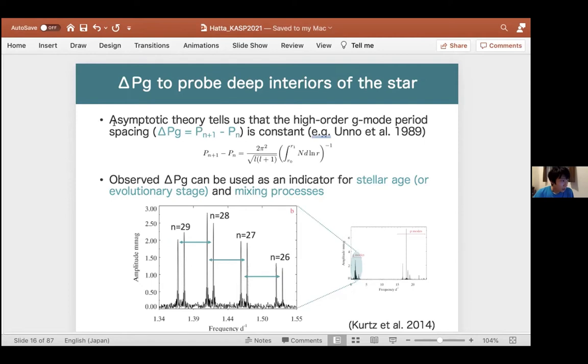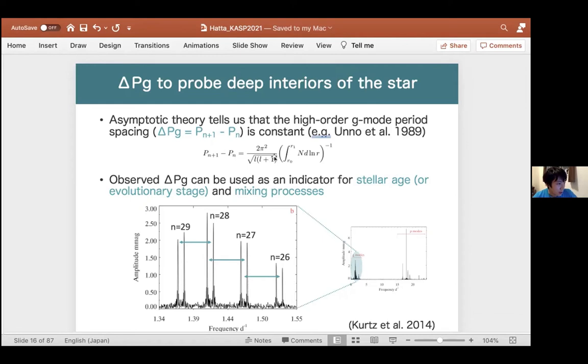Asymptotic theory of stellar non-radial oscillation tells us that the high-order g-mode period spacing is constant. Here, ΔPg is defined as the difference between the g-mode periods with consecutive radial orders, and this is the theoretical expression for ΔPg.